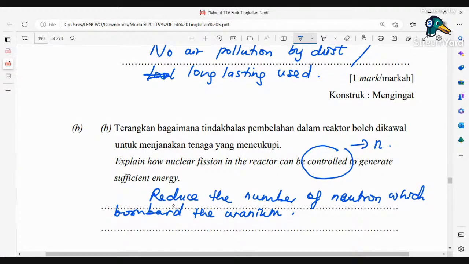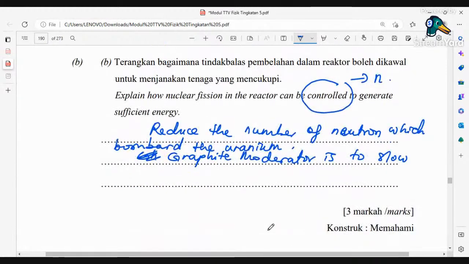We use a graphite moderator to slow down the neutron. Then the slow moving neutron bombards uranium to produce fission.